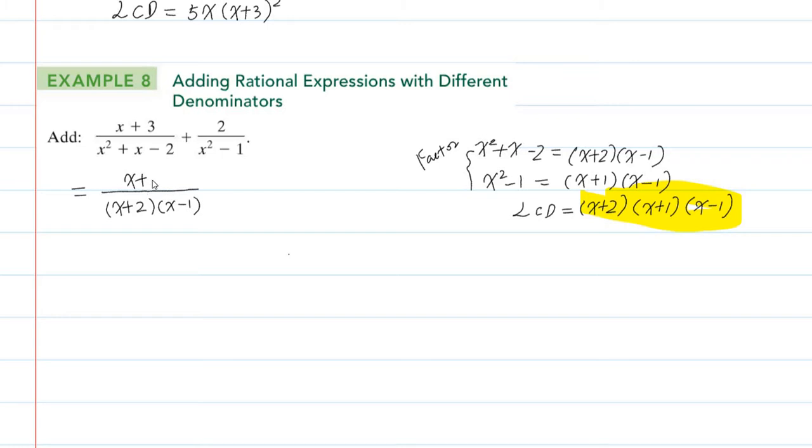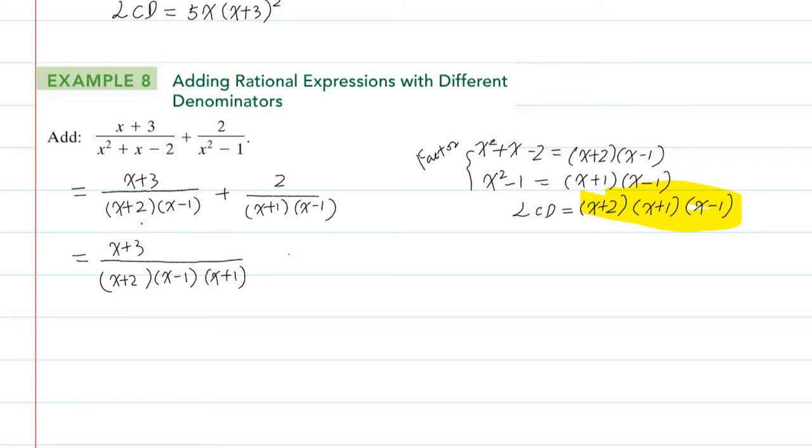We have x plus 3 for the numerator, and then the denominator, which we already factored out, so we'll copy it down. We know the least common denominator is x plus 2, x plus 1, x minus 1. So I'm going to write it down: x plus 2, the original one, and we also have x plus 1.